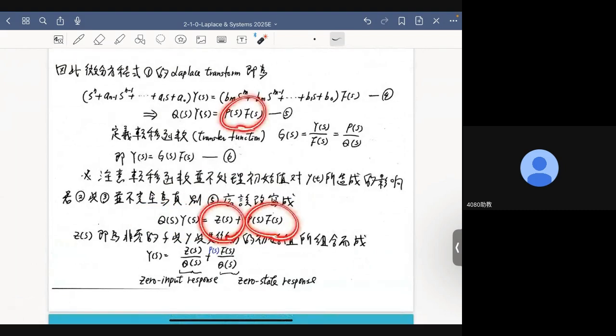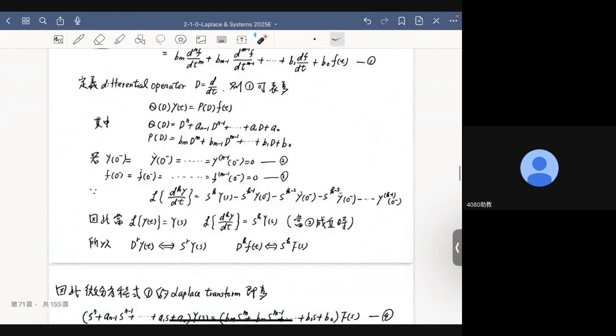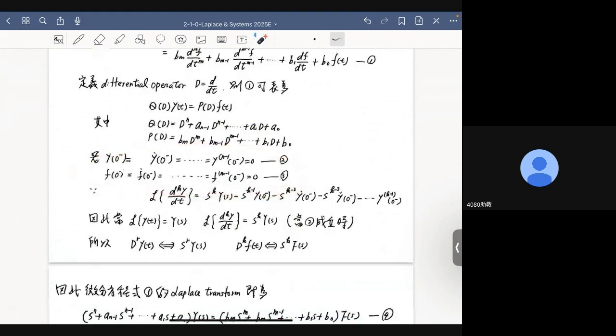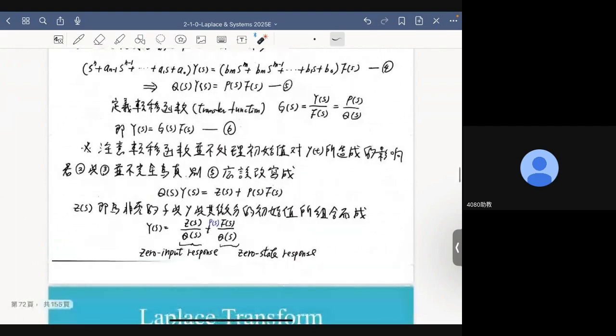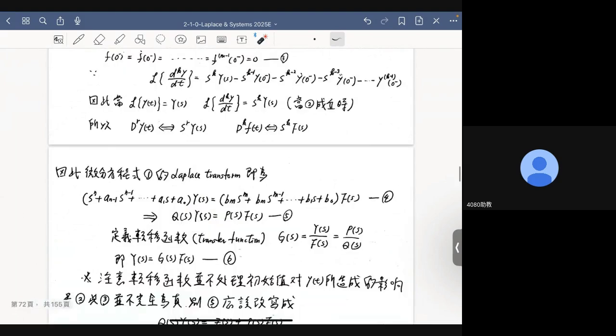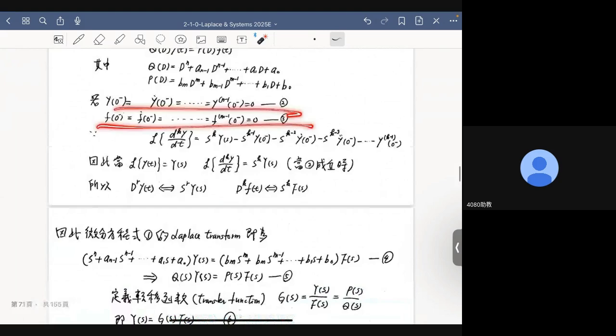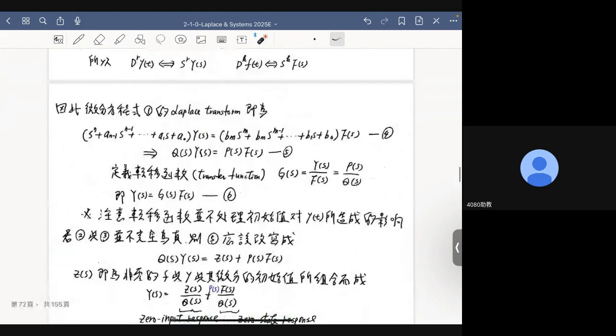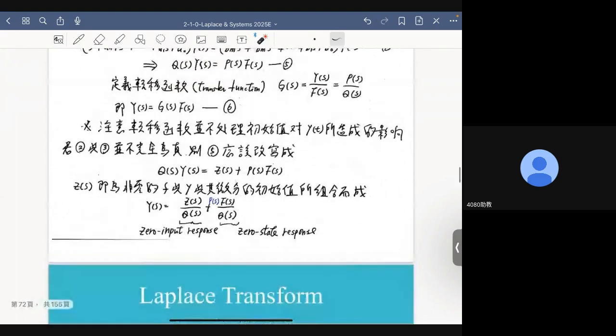But this part, Z of s, represents the effects of non-zero initial conditions. It's a messy process, but all in all, Z of s represents the overall contributions from all the non-zero initial values. And if this is the case, let's divide this equation by Q of s.